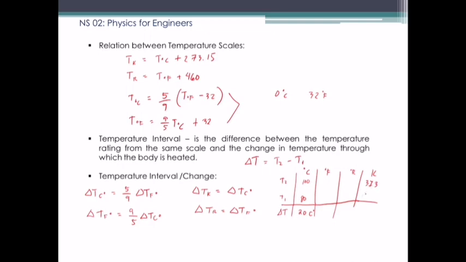And then convert 80 degrees Celsius to Kelvin, that is 353. So that your delta T in Kelvin is still 20 Kelvin. So the temperature change in Celsius is just equal to the temperature change in Kelvin.